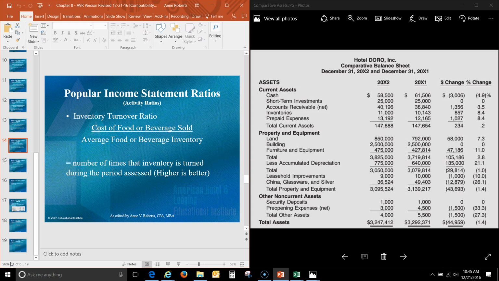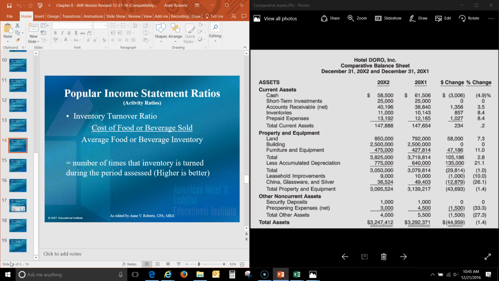If we're doing food and beverage, we would need to combine those together. If we're doing only beverage. Correct. Okay. So in this particular case, we take 11,000 plus 10,143, add them together, divide by 2 to get average inventory. So again, it's beginning plus ending divided by 2.